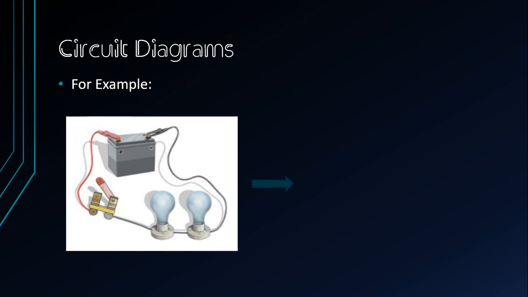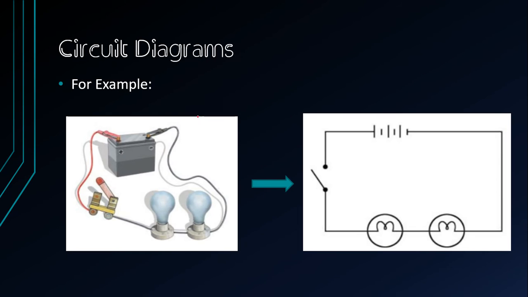For example, here's a picture. We've got our battery, our negative terminal, our positive terminal, and we have our wire that's connecting our 2 light bulbs. It goes to a switch. Notice how the switch is open, that means the electrons aren't going to flow through, and then the conducting wire comes back to the battery. So how do we draw this? Well, here is our battery. This is our negative and our positive.